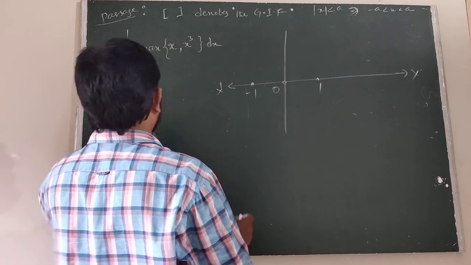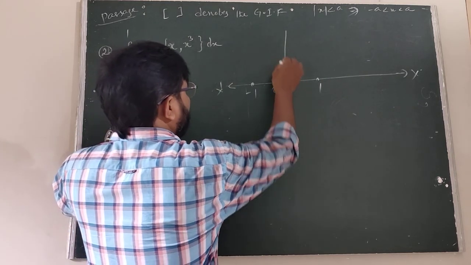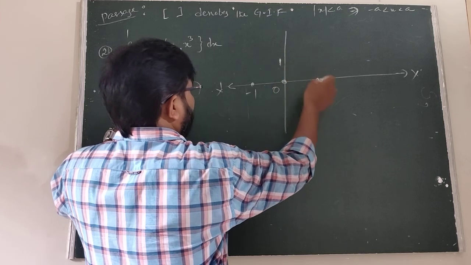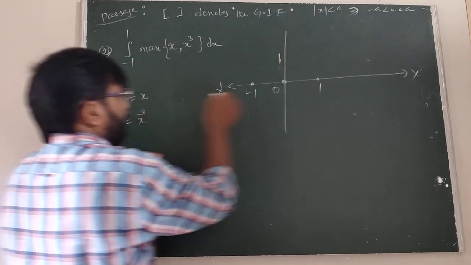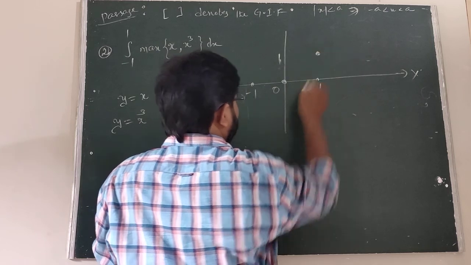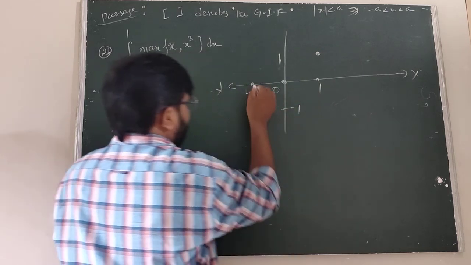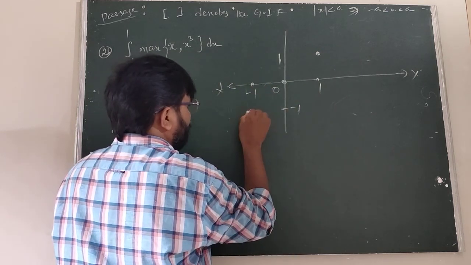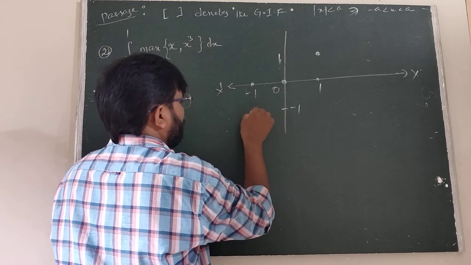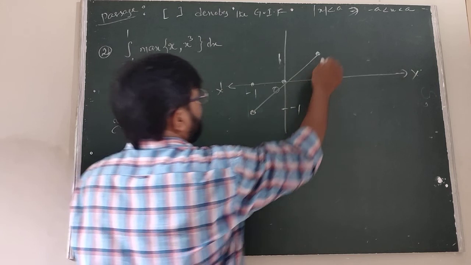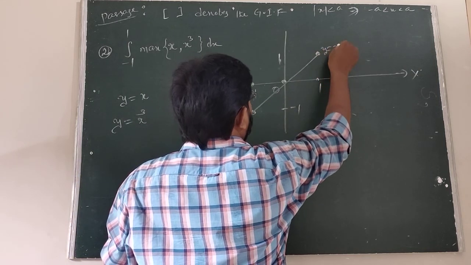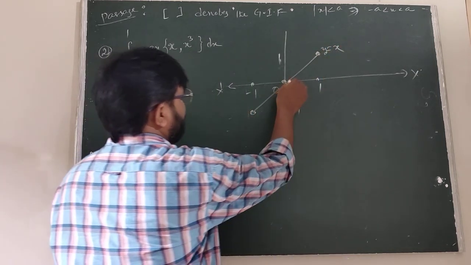When we are taking x equal to 0, y is 0. Therefore here, all of you listen, when we are taking x is 1, y is 1. When x is minus 1, this is also minus 1. This is the straight line y equals x.